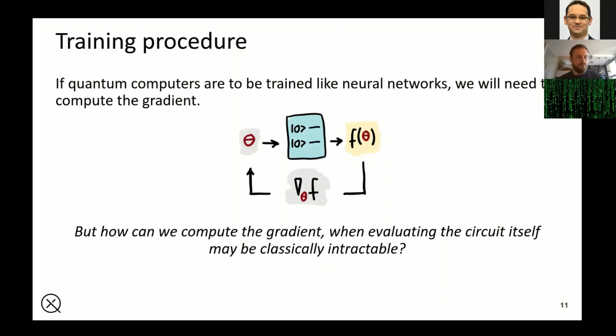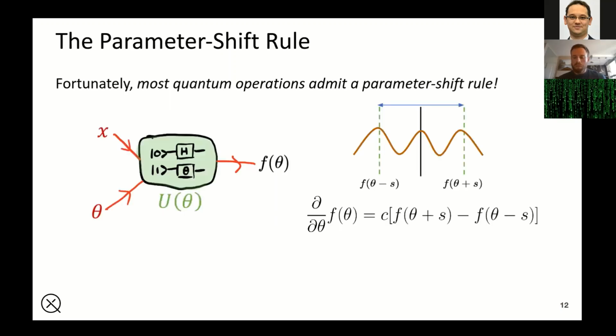How could we then get the gradients of quantum circuits using classical computation? How could we train quantum computers if just simulating quantum circuits can be intractable classically? Well, the answer is given by a family of rules referred to as the parameter shift rules.